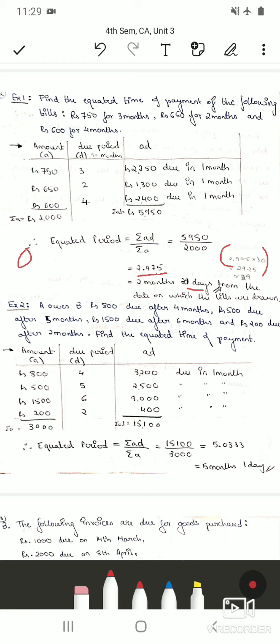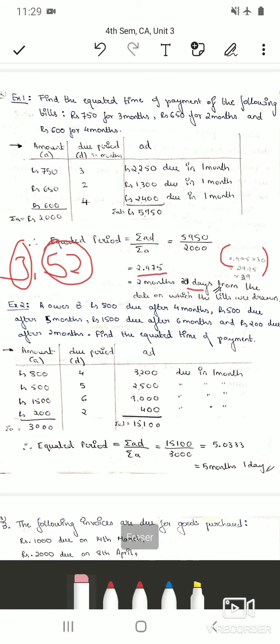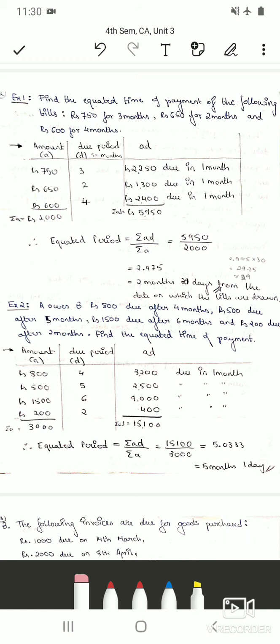For example, if it is 3.52, then it is 3 months, and you multiply 0.52 into 30, and whatever value you get, that many days is considered. Don't write 2 months and 97 days, it is totally meaningless. First it is in terms of months, hence we are converting the decimal into days. Whatever is before the decimal is in months. After the decimal we convert into days. It is 2 months 29 days.